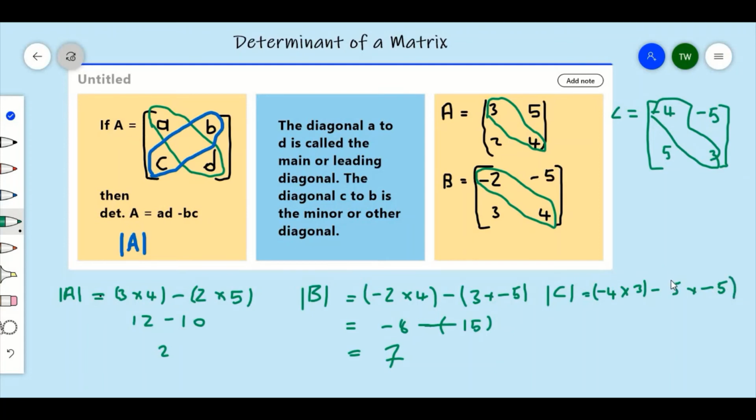I'll just put that in a bracket. Here, if we simplify, negative 4 times 3, that's going to give us negative 12, minus 5 times negative 5, that's going to give us negative 25.